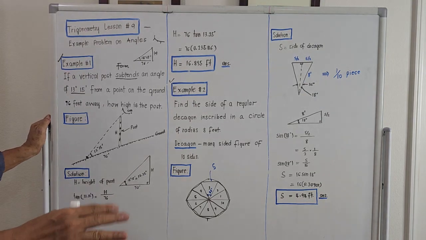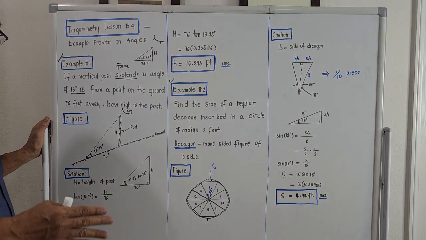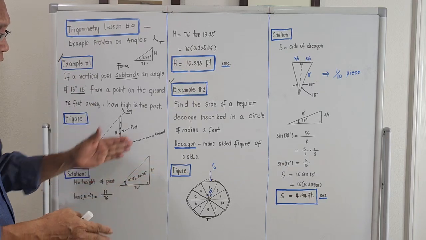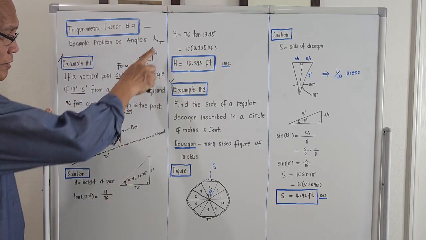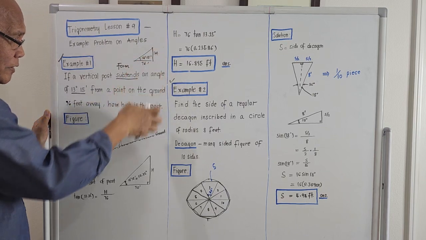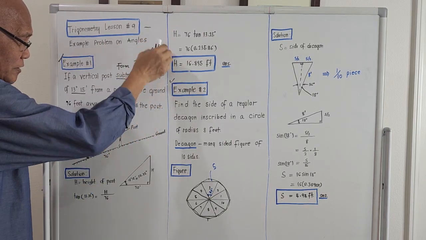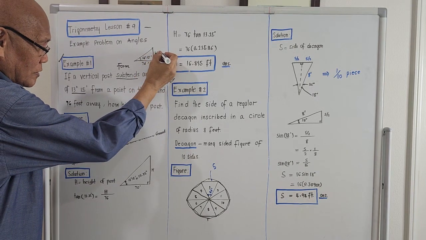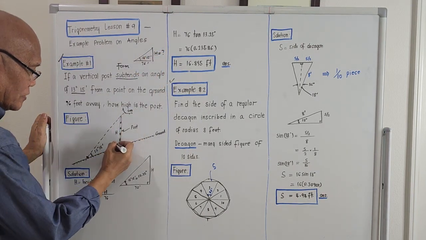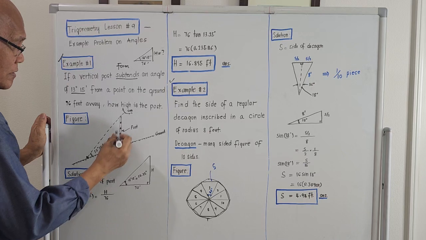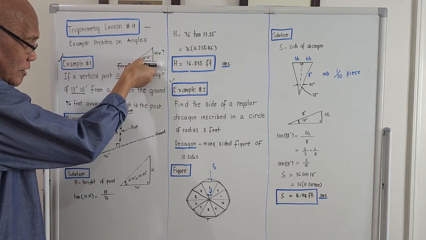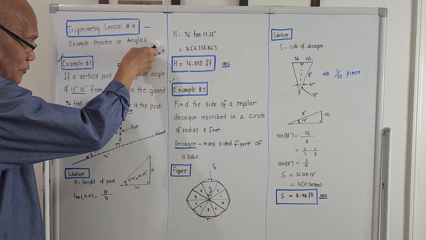So this will be an application of trigonometry. We'll try to bring out the right triangle. This vertical height here is h, the unknown height of the force. This is vertical and this is horizontal, and this should be the hypotenuse.